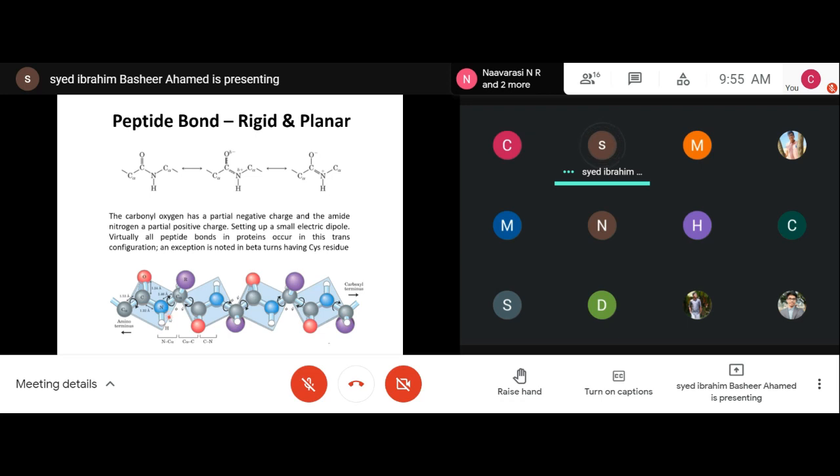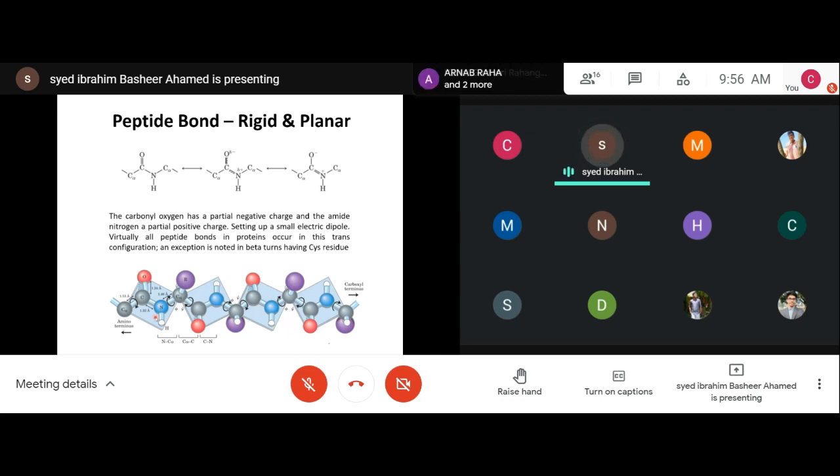Here the carboxyl oxygen carries a partial negative charge, and the nitrogen also carries a partial positive charge. So there is a small electric dipole present in the peptide bond.